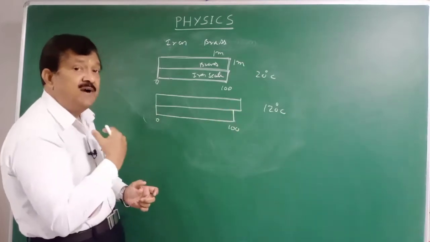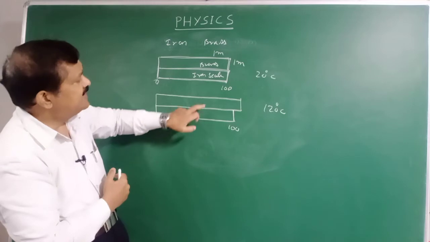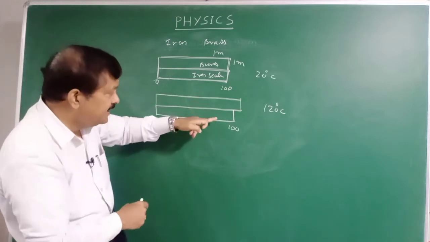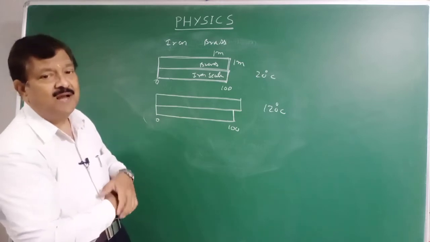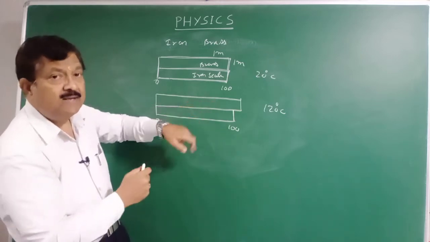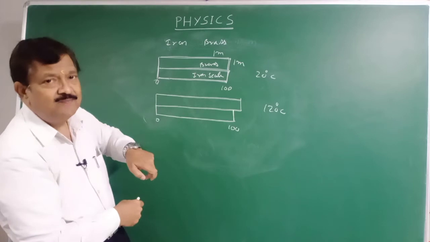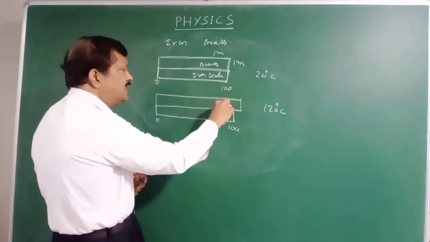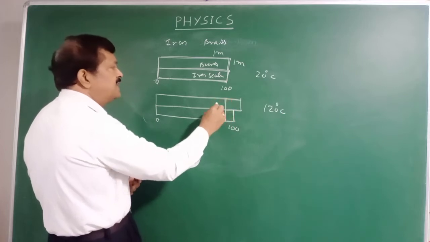But now what I want is the length of this brass rod as measured by this iron scale. Initially both have the same length, this is 1 meter.